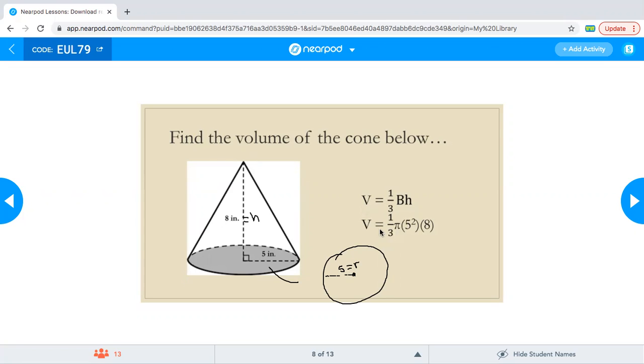Okay, so here I have V equals 1/3 pi 5 squared times 8. Just like last class, have a good example in your journal. So at least have one good example. So if you haven't drawn this, I would have one good example. And then everybody with me is going to put this in Desmos because you need to know how to use it and put it in the calculator, especially now that we have a fraction we have to do.